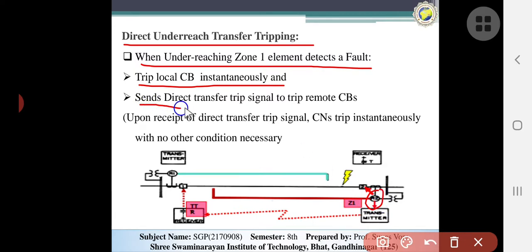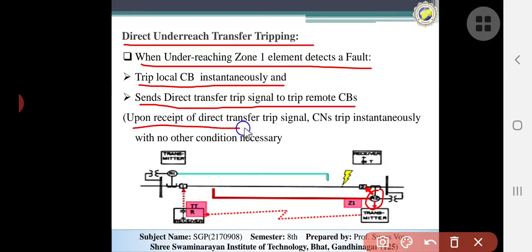Then after send the direct transfer trip signals to trip the remote circuit breaker. और क्या करेगा, डायरेक्ट जो ट्रिप सिग्नल है वो सर्किट ब्रेकर को ट्रिप करने के लिए डायरेक्ट ही सिग्नल भेज देगा.